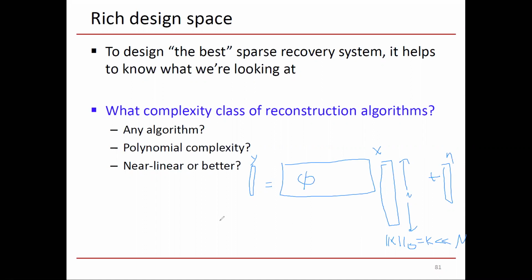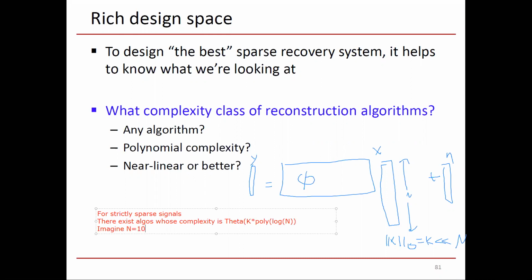And there happen to be, for strictly sparse signals, algorithms whose complexity is theta of k times perhaps a polynomial of the logarithm of n. So if you think about it, k is much, much smaller than n.